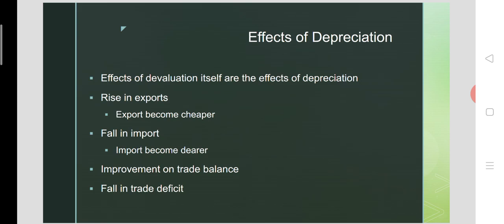Export will become competitive as the domestic currency's value has decreased. The foreigners are able to buy more after the depreciation of the domestic currency. And another result is fall in import as import has become dearer or costlier.